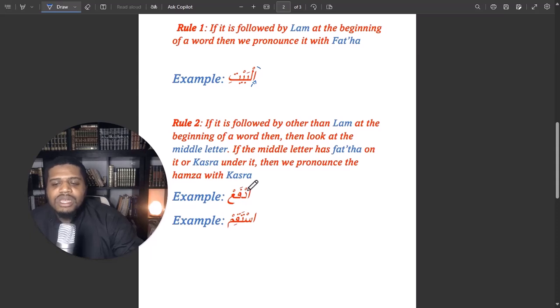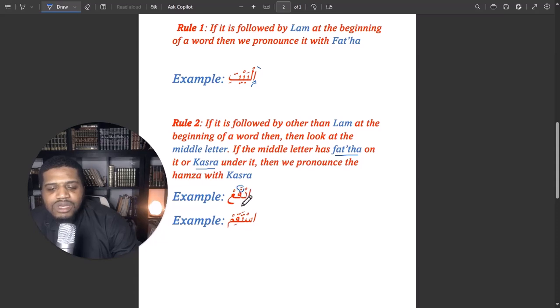So it can only be kasra or dhamma. Now, how do I choose whether it's kasra or dhamma? I look at the middle letter. Okay, if the middle letter has a fatha, as we mentioned here, or kasra, then we pronounce the hamza with kasra. The middle letter here has what? Fatha.